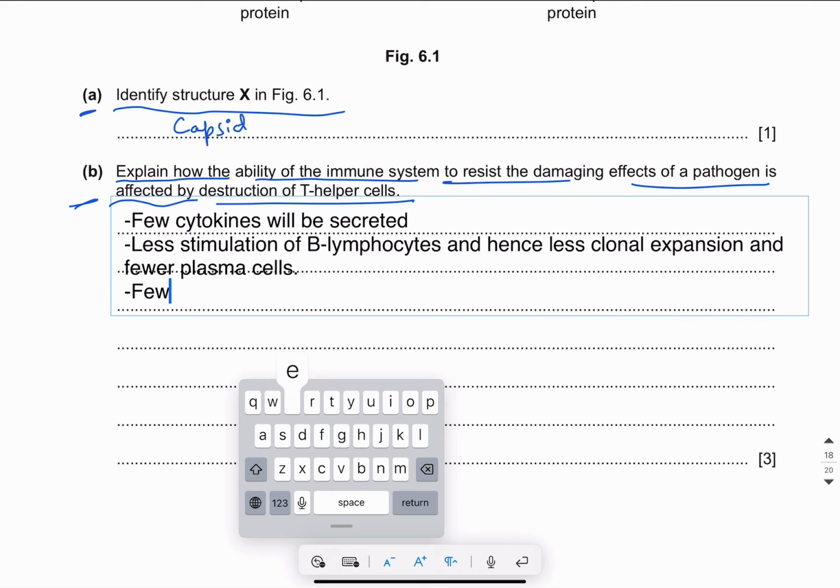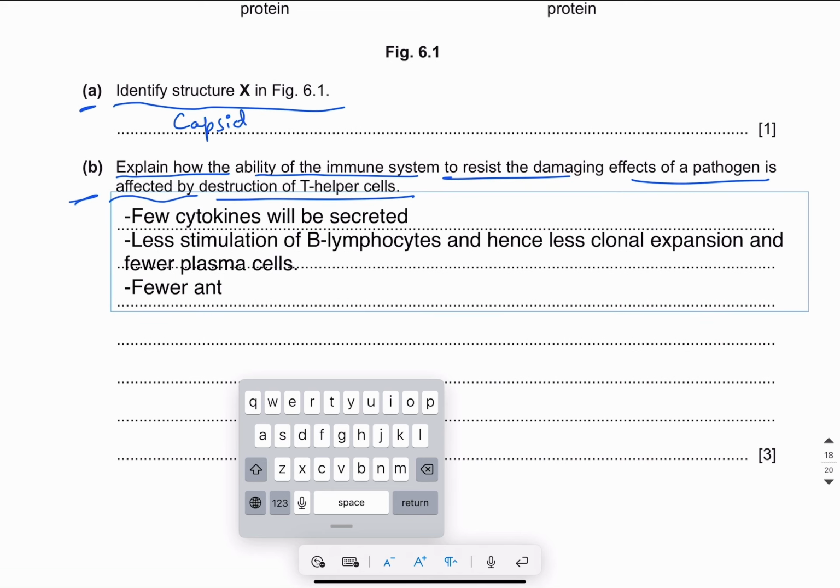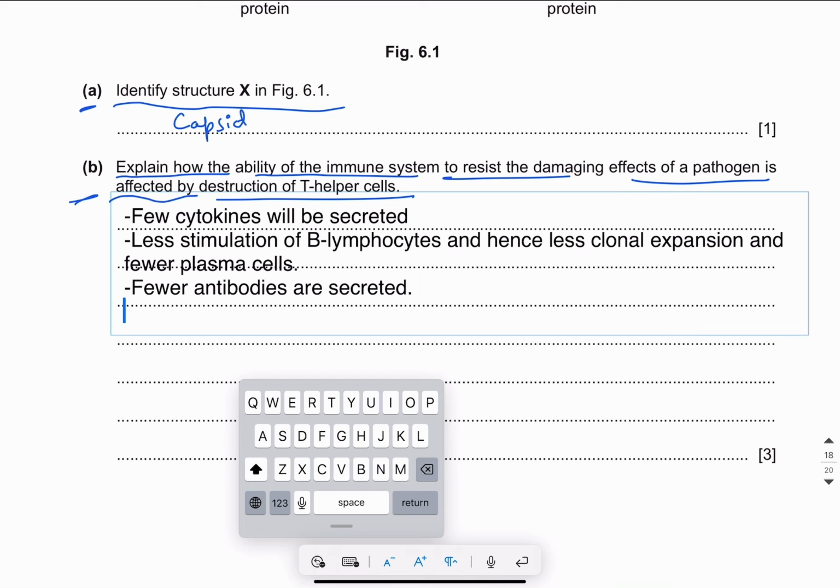Fewer antibodies are secreted, right? We can also say that less stimulation of macrophages, so fewer macrophages are activated.